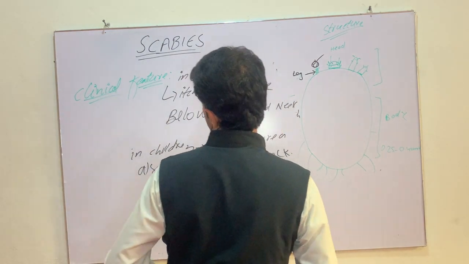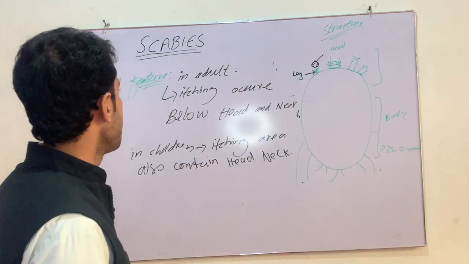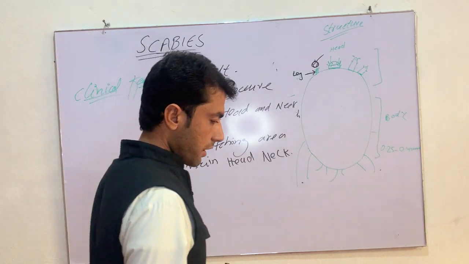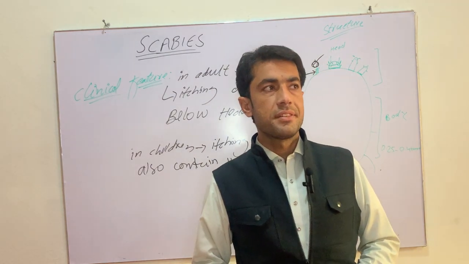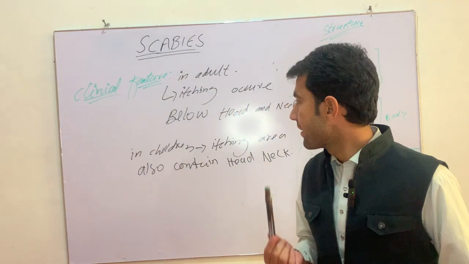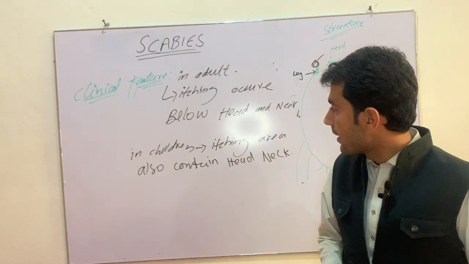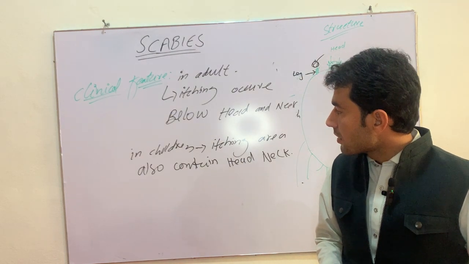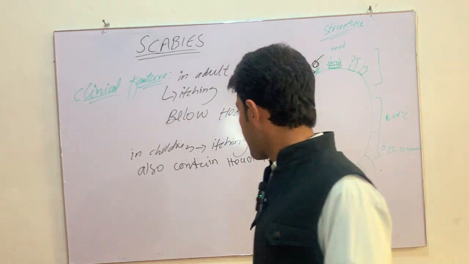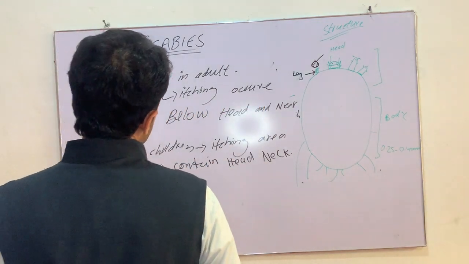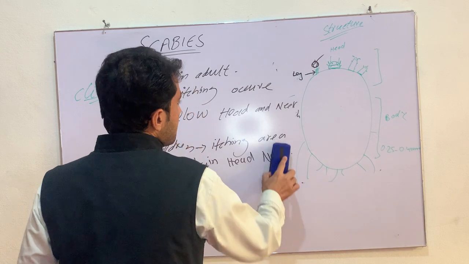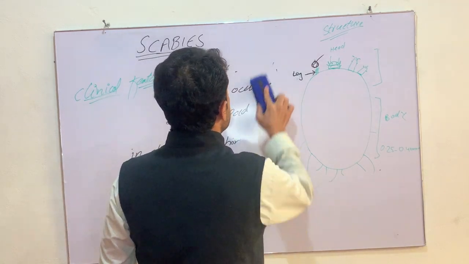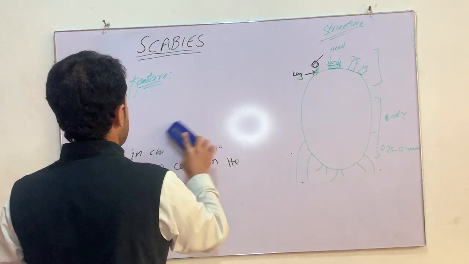So that is the difference between children and adults. Itching occurs mostly in children on the neck and head, while in adults the head and neck are not involved.